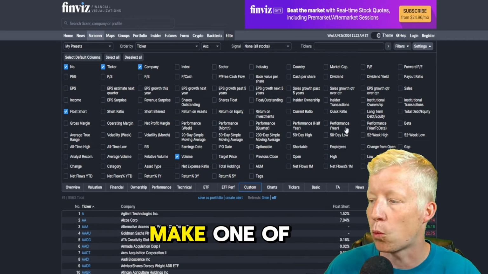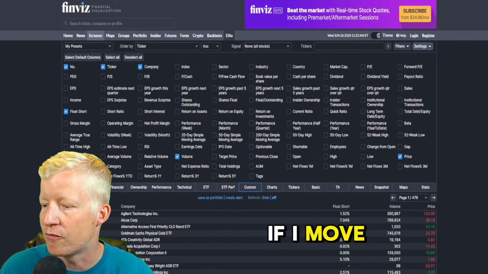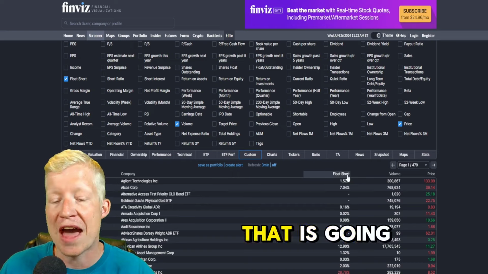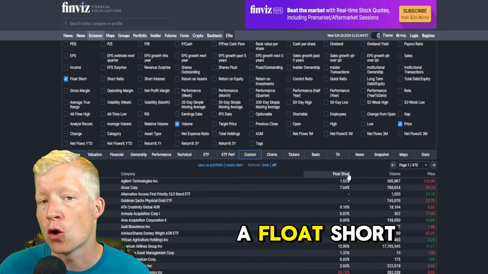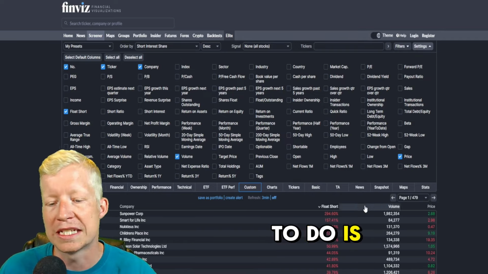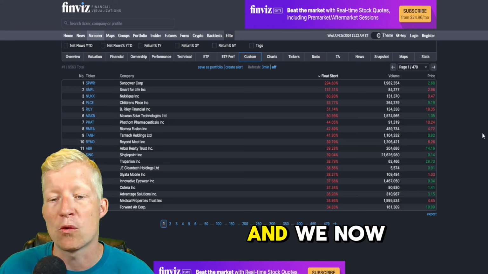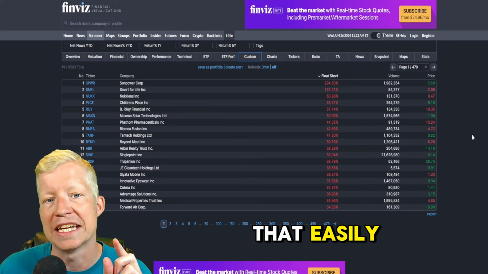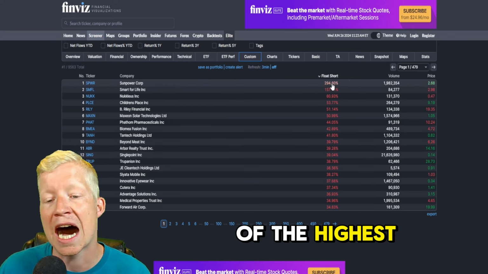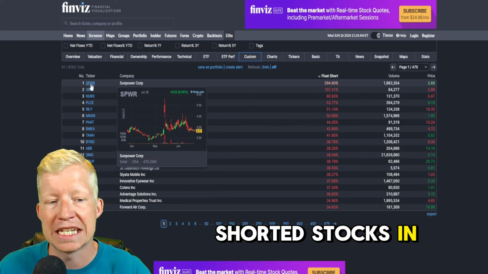Obviously, we make one of them the float short percentage, and that is going to give us a float short column. And from there, all we need to do is click on that column twice, sort it from the top down, and we now that easily have a list of the highest percentage shorted stocks in the stock market.